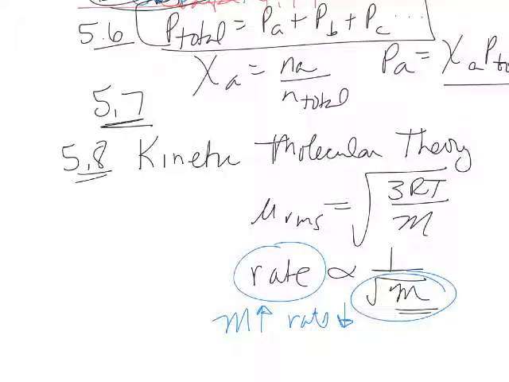Now, I know that we worked a problem in section 5.10 for real gases, and we talk about ideal behavior and non-ideal behavior. You will not have to use the van der Waals equation on page 233. You're not going to have to work that, but I do want you to read section 5.10 and be able to understand when gases behave under ideal behavior and when they do not.